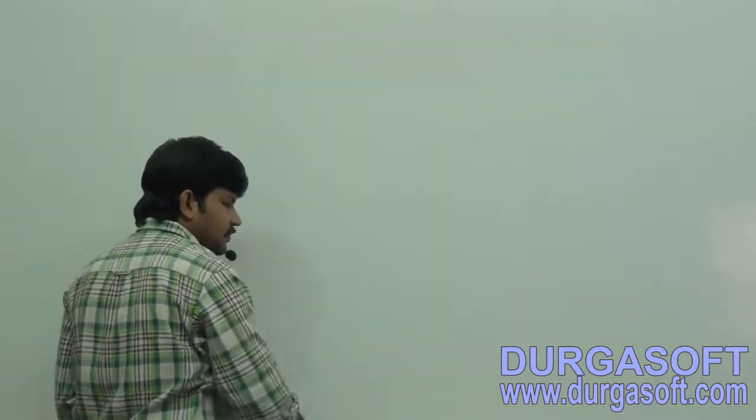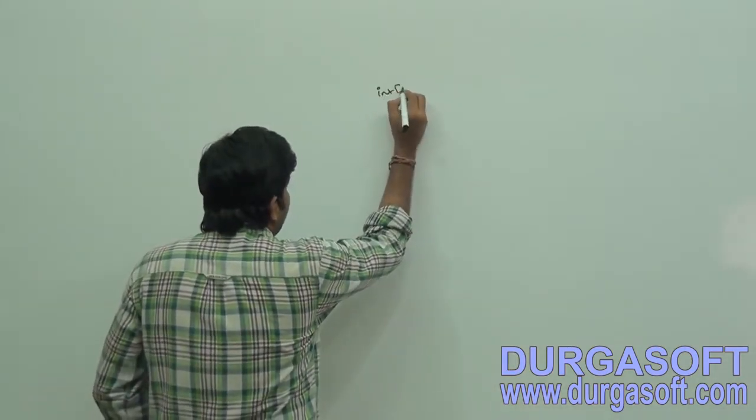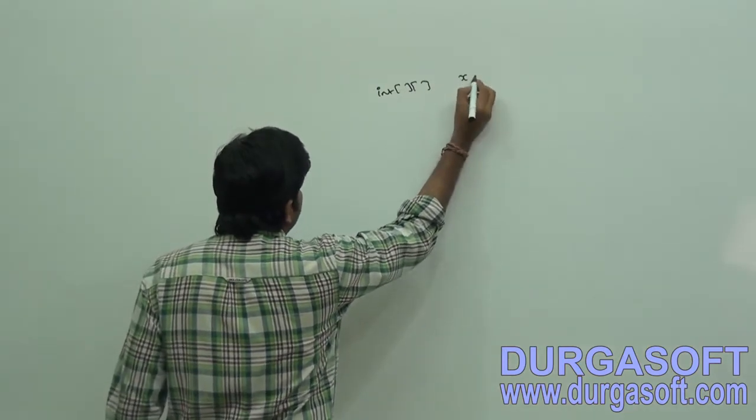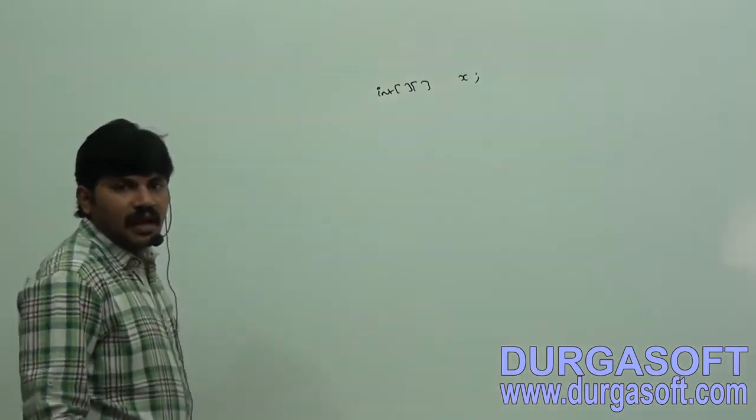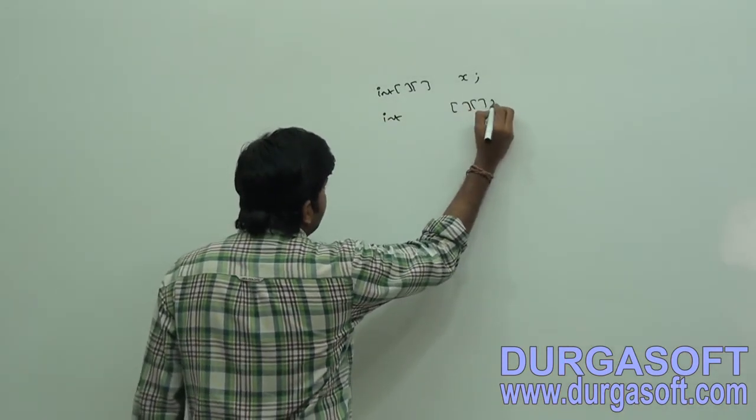Two-dimensional array declaration. Sir, do you know how we can declare a two-dimensional array? What are the possibilities? Sir, I am taking a two-dimensional array like this, or is it valid or not?